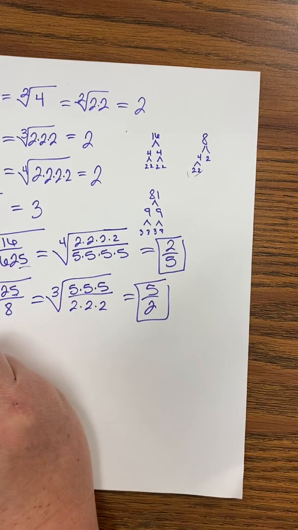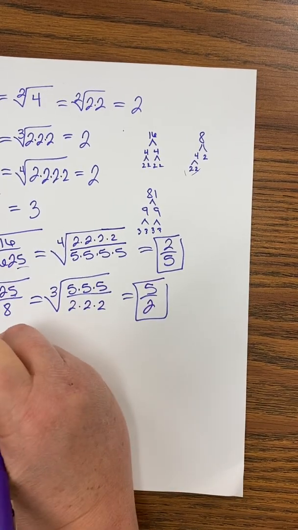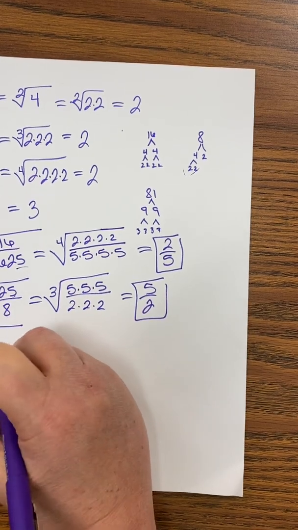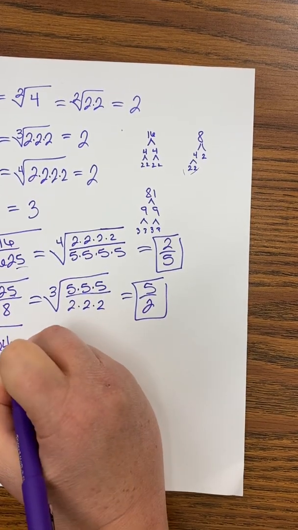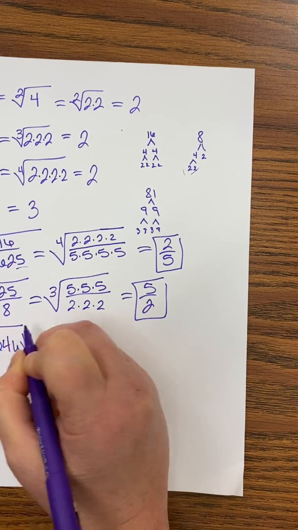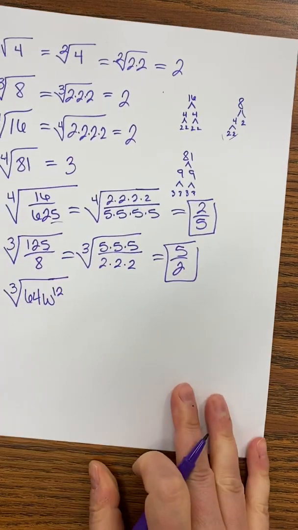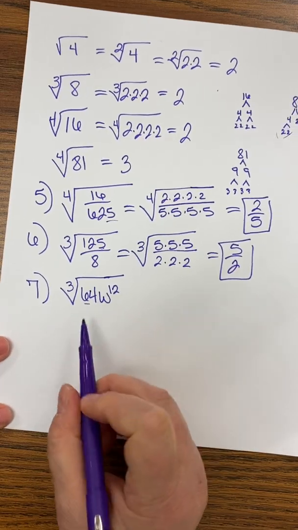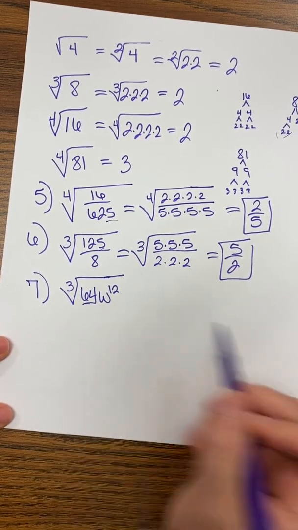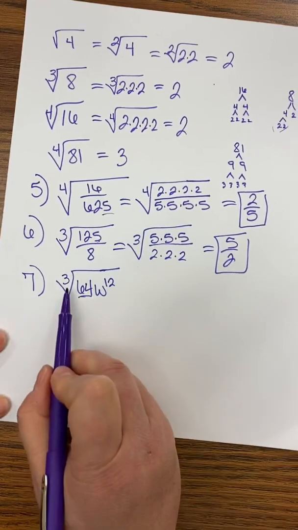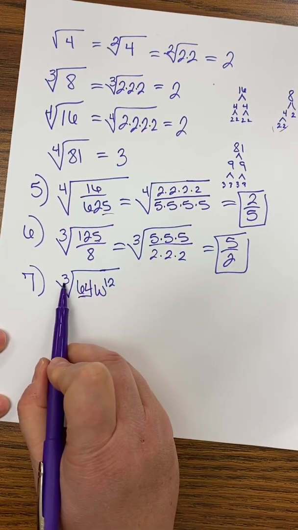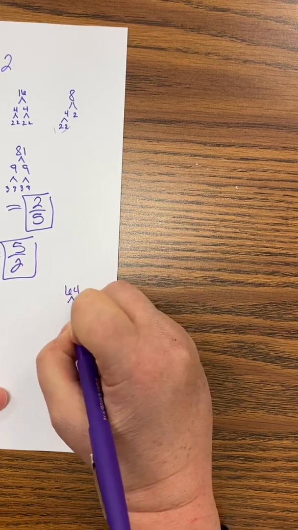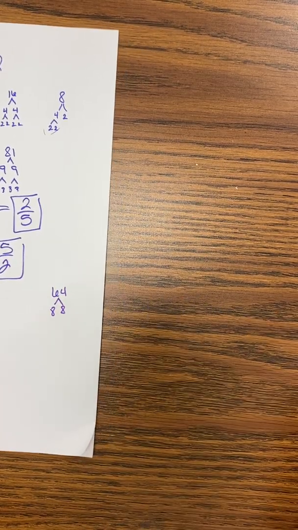All right, now we're going to go back to non-fractions, but still the root problems that are bigger than square roots. So the third root of 64w to the 12th. Okay, so these are like the ones we did earlier. Just treat them as 2 parts. So 64. Well, 64, what number could go into that 3 times? So again, you go and you jot that down and you think your factors are 8 and 8.